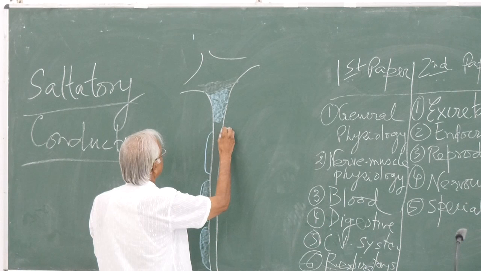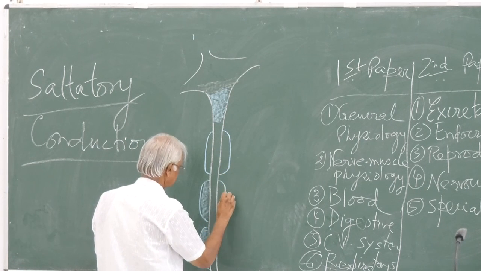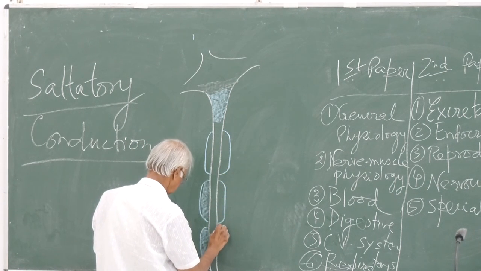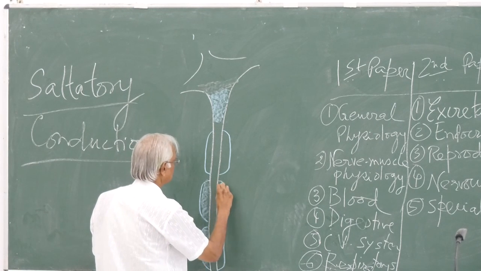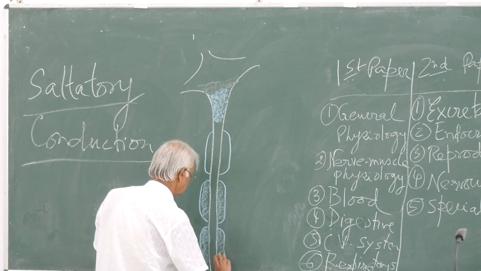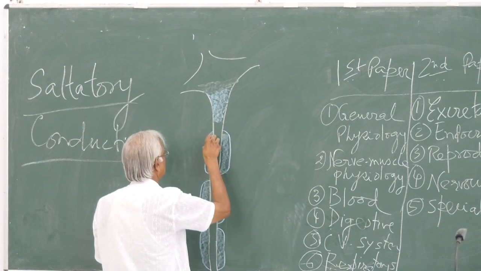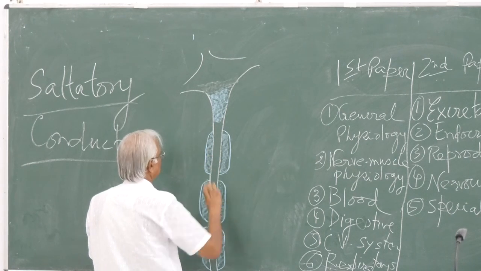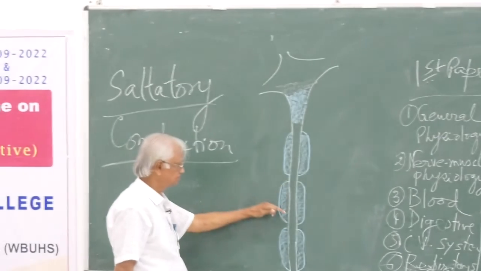This side also, this is the neurilemmal sheath of the axon. This is the axon.